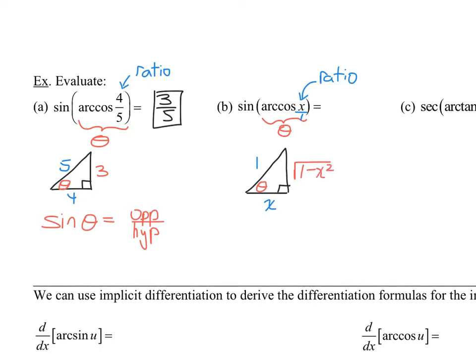All right. So if I'm looking for the sine of theta, and again, theta is related to this triangle, I'm looking for the opposite side over the hypotenuse. Opposite is that radical expression, hypotenuse is 1. So the sine of the arc cosine of x is equal to the square root of 1 minus x squared.